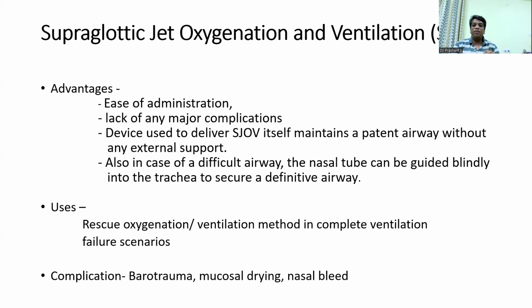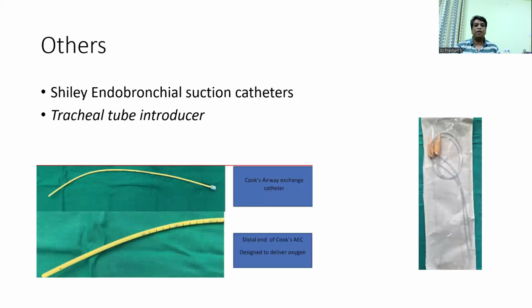And in difficult cases, if you want to intubate the patient, the same tube can be guided blindly, which will act as a definitive airway. So the main use of this technique is in the case scenario of a can't intubate, can't ventilate situation, where this comes as a rescue.